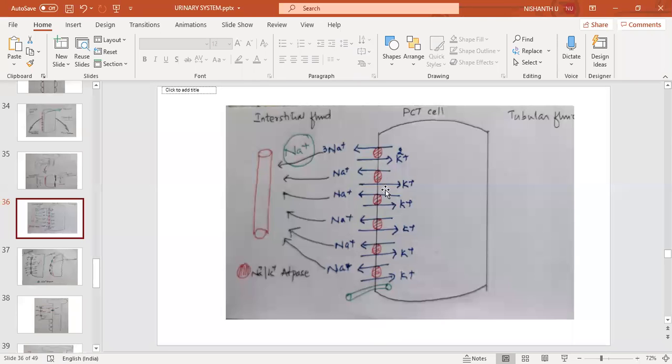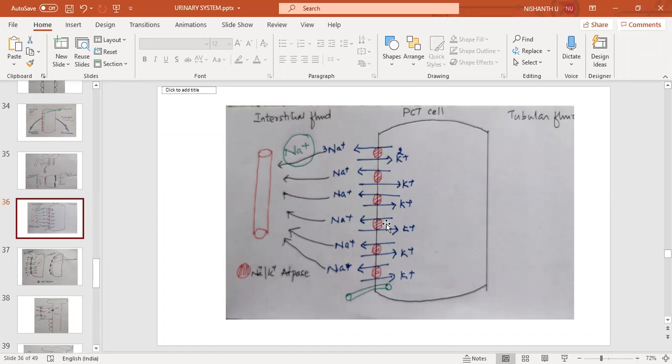In the basal membrane, you can see these red colored round structures. So many red colored round structures are there. They are called sodium potassium ATPase. What is the role of this sodium potassium ATPase? This is a basic fundamental which you have to understand.